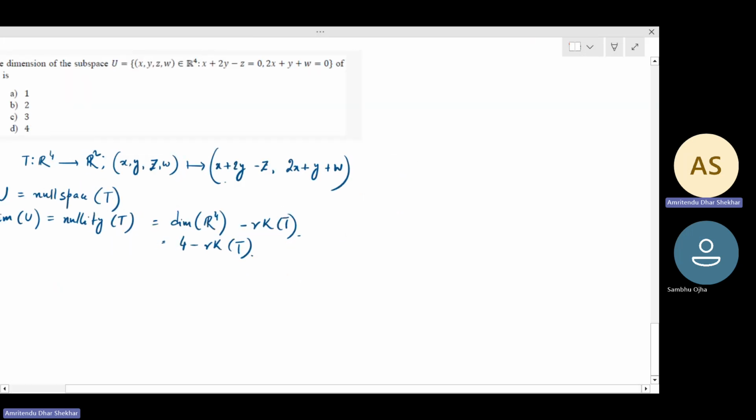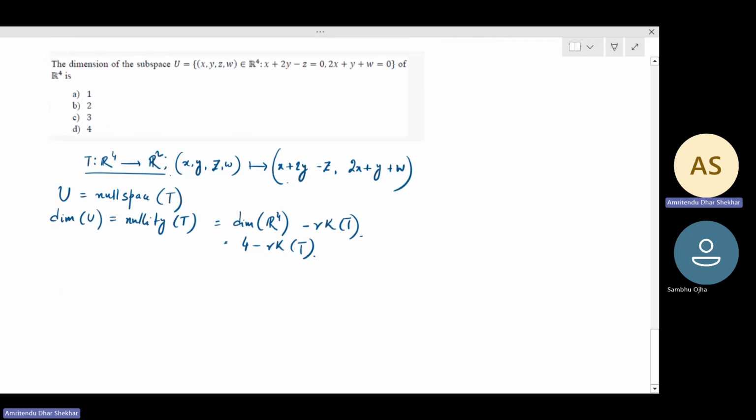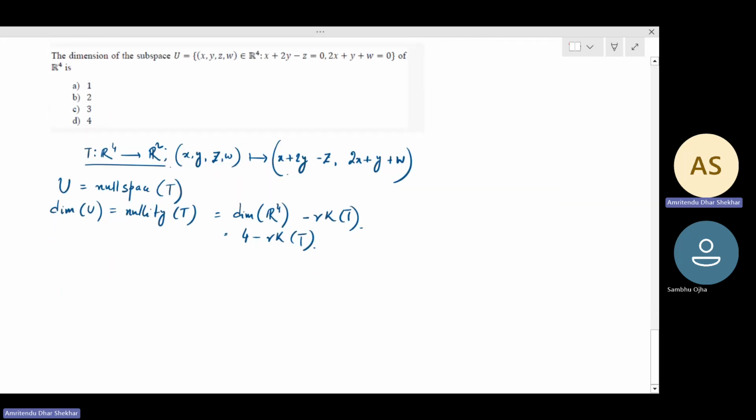How do you compute the rank of T? To compute the rank of T, we first represent this linear map via a matrix. So how do you represent this in the form of a matrix?